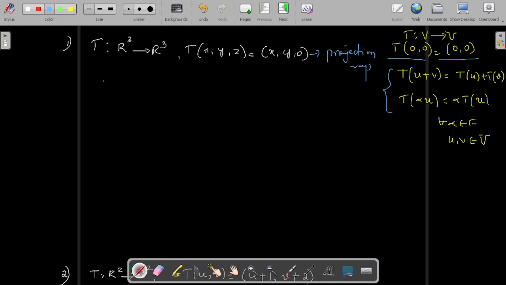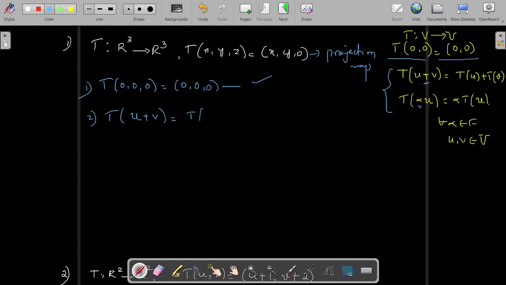So first check, is the 0 element getting mapped to 0? T of 0 comma 0 comma 0 goes to 0 comma 0 comma 0. So the first condition is satisfied. Next you have to check whether it is preserving the vector addition and the scalar multiplication. So you take any two vectors, like T of u plus v.